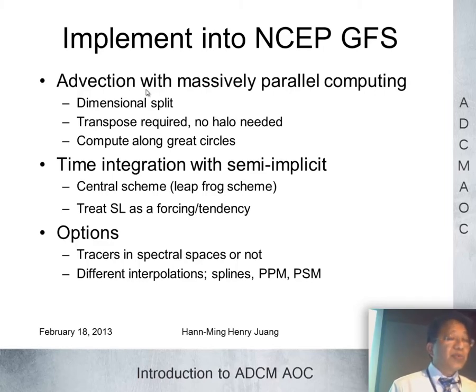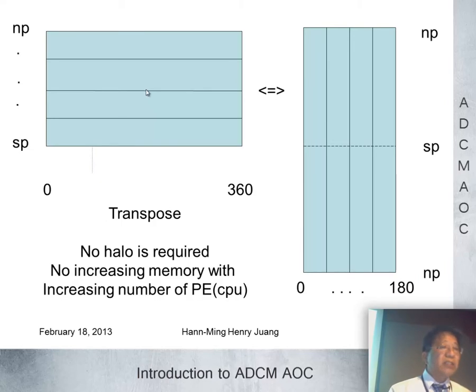Then we implement this semi-Lagrangian into the NZGS, and when we use the dimensional splitting, we don't need a halo, because we can have the x direction with all the x values there, which we require for the conservation. And when we do the north-south part, we need the north-south points. So in a sense, the MPI decomposition should use a transpose.